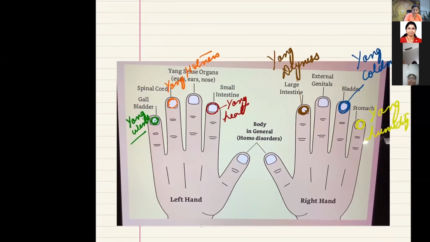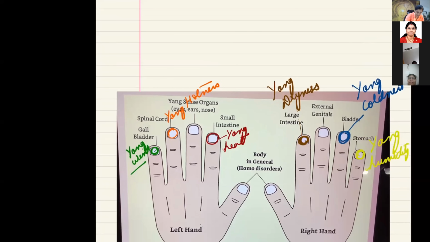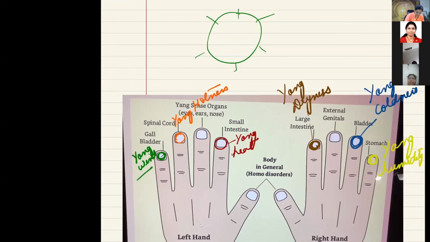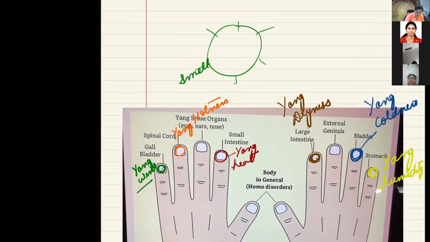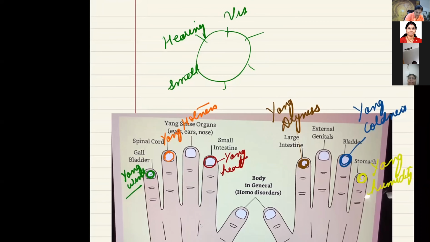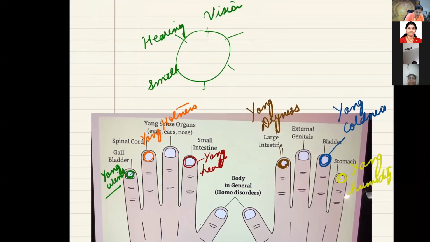Now, sense organs. Smell is wind. Hearing sense is heat. Vision is hotness.